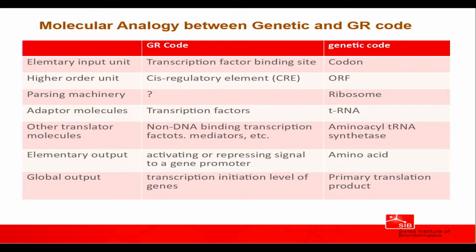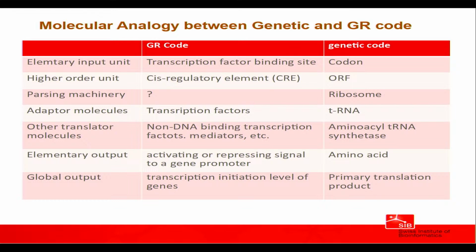Now, do we have a parsing machinery like the ribosome, which reads one triplet at a time and then moves to the next triplet? I don't know any. We don't know any. Other translator proteins include these mediators. They exist, and they probably would correspond to the aminoacyl tRNA synthetases in the case of the genetic code.